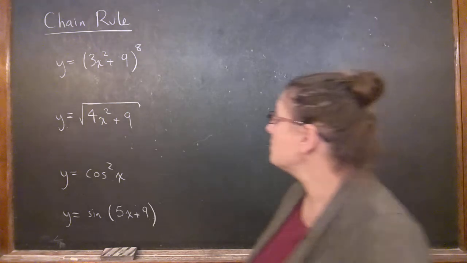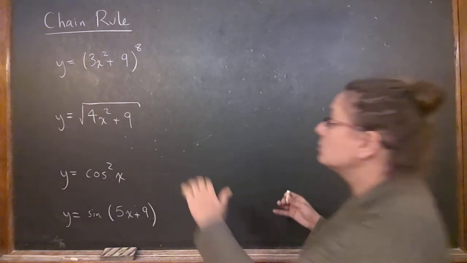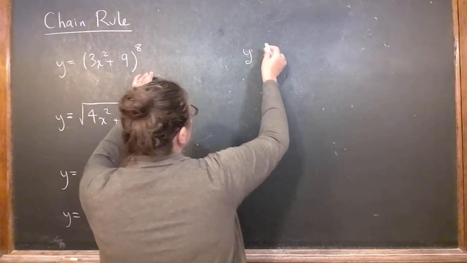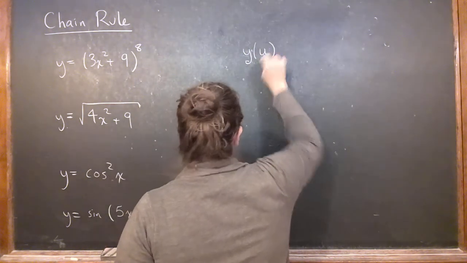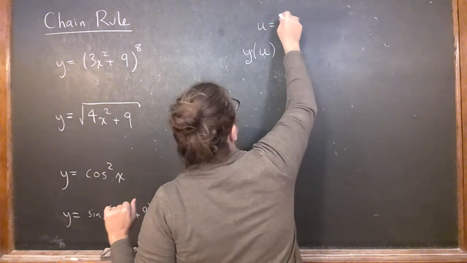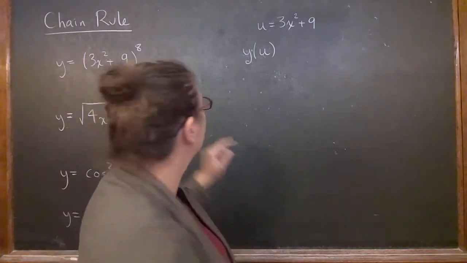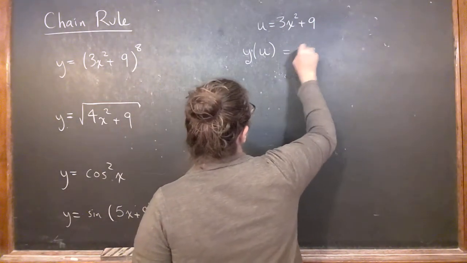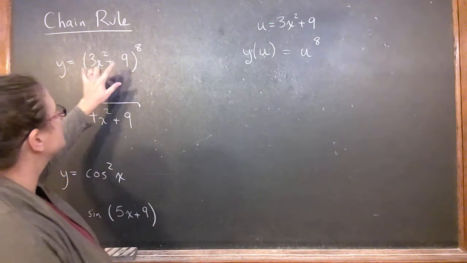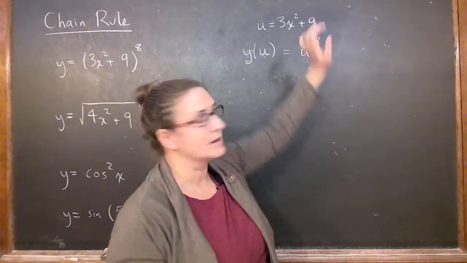Okay? So what I really want is to think about this in the following way. Let's take this as a good example. We'll think about this as y of u, right? So if I let u be the inside there, 3x squared plus 9, then y of u is u to the 8th. So I'm thinking of the outside function as being the power to the 8th, and the inside function as being this 3x squared plus 9.